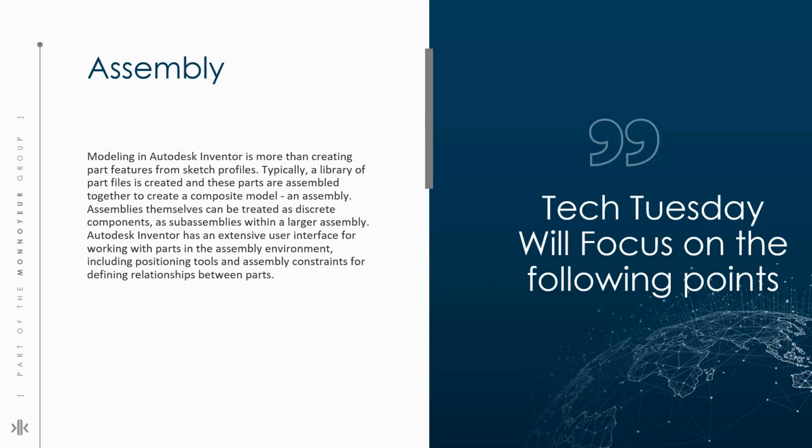Autodesk Inventor has an extensive user interface for working with parts in the assembly environment, including positioning tools and assembly constraints for defining relationships between parts. So guys, let's move on to the screen and we will see how to assemble the components in Autodesk Inventor.